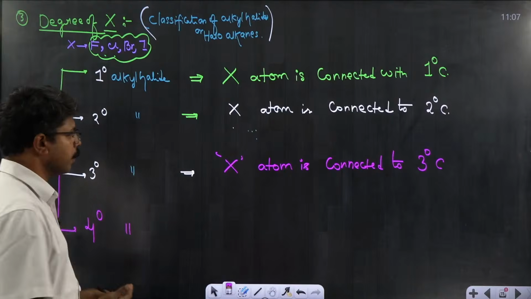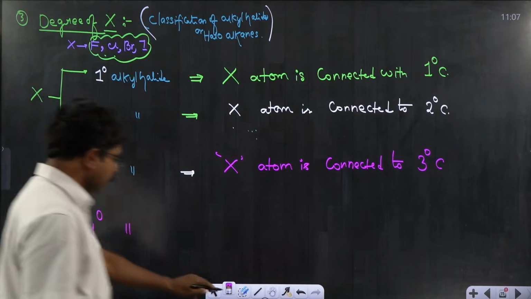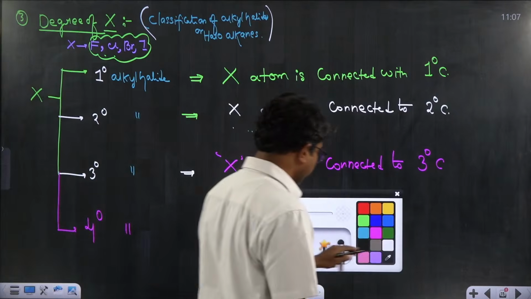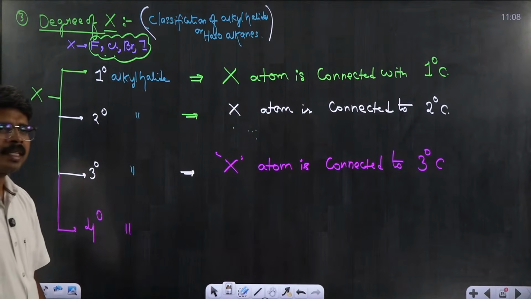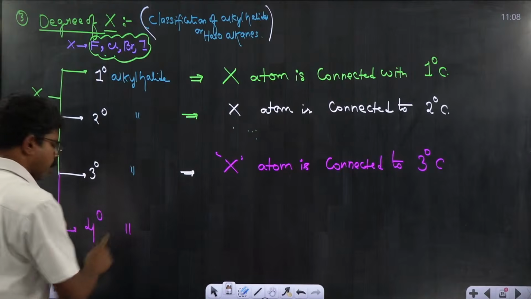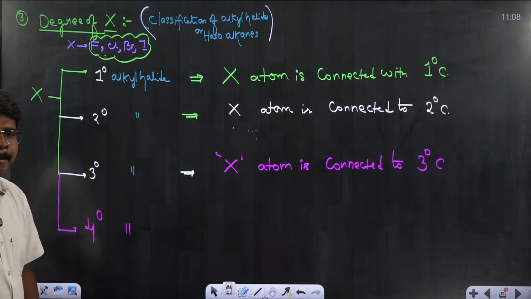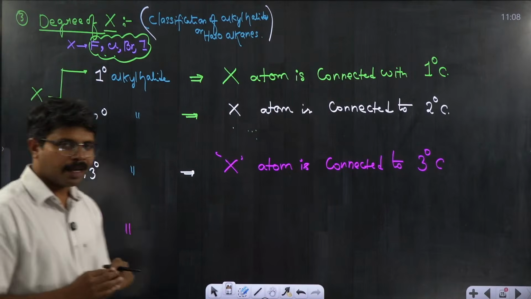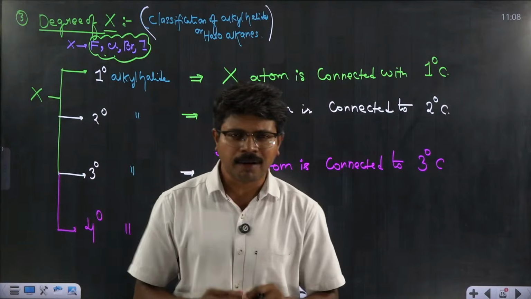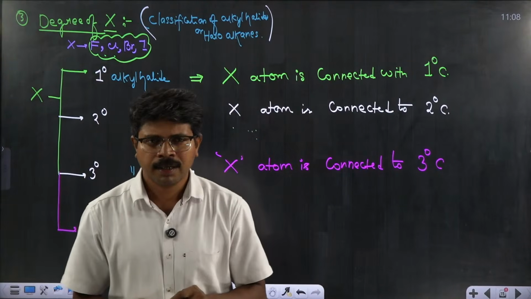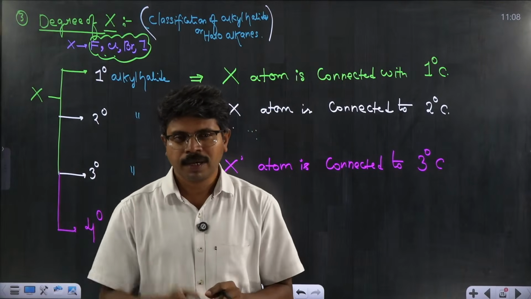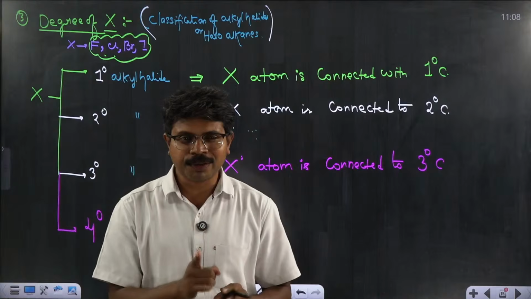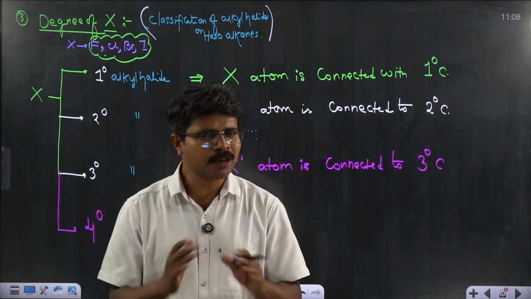Now tell me, do we have any kind of quaternary or 4 degree alkyl halide? Response please. If at all quaternary alkyl halide exists, then in such compounds, halogen must be connected to 4 degree carbon. Is it possible?